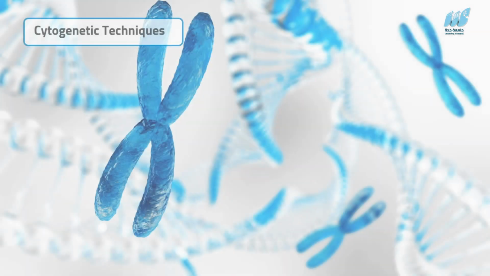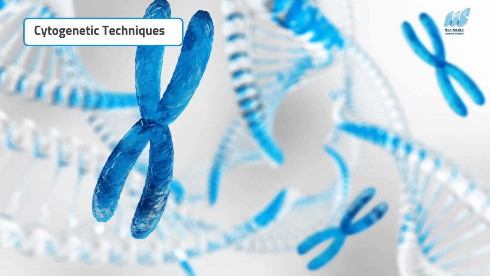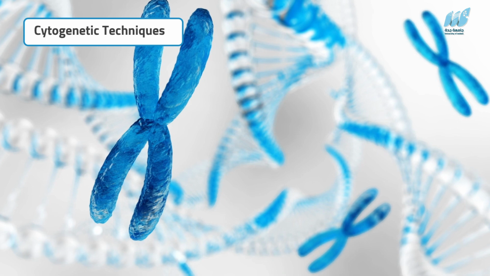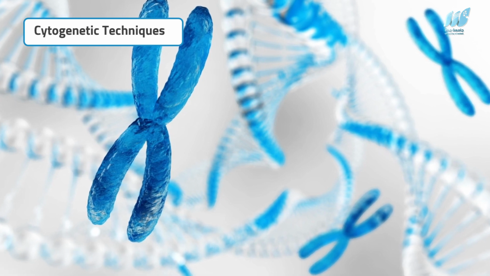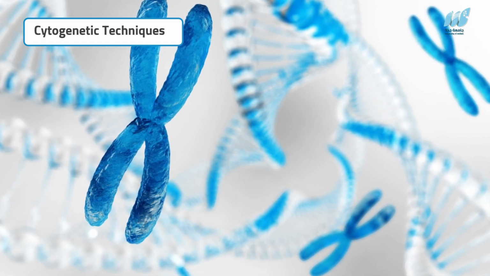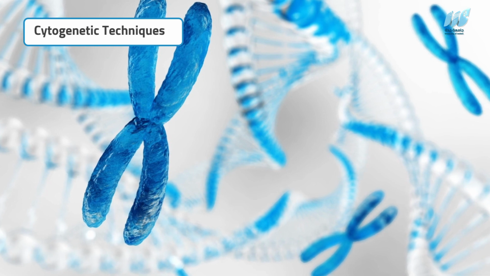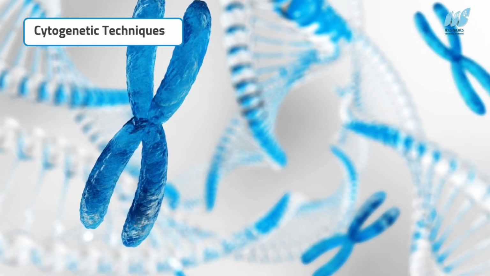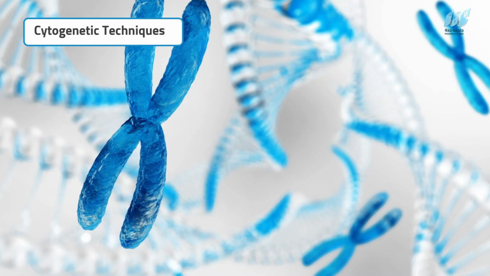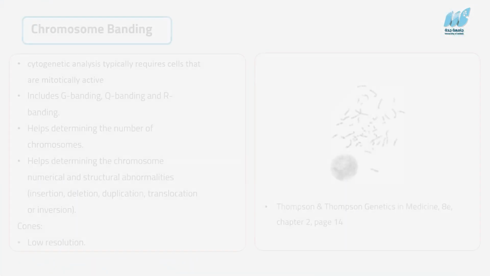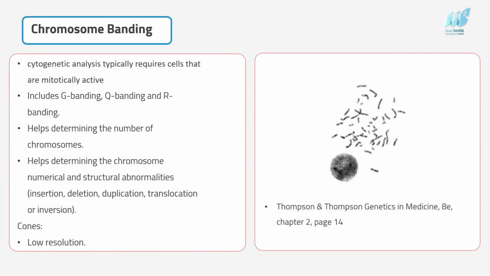As I mentioned before, different techniques are available to perform genetic diagnostic tests on patient specimens, both for inherited and acquired genetic anomalies. First, we will talk about cytogenetic techniques, which focus on chromosomal abnormalities. The most common cytogenetic testing is chromosome banding, which helps in determining the patient's karyotype.